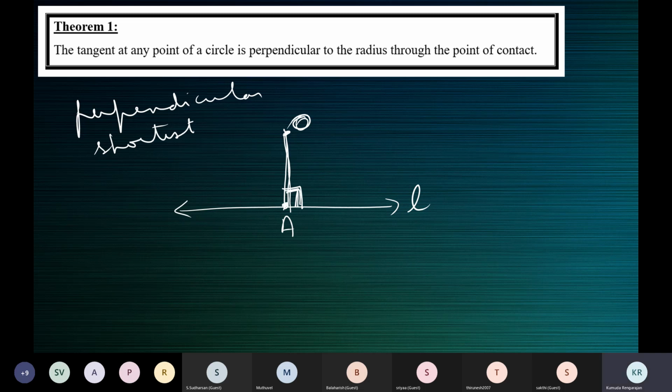If OA is perpendicular to L, that means OA is the shortest route between O and L. If I say that OA is the shortest route between O and L, then that means it's a perpendicular distance. If it's given as a perpendicular, it is the shortest route. If it is the shortest route, then it's perpendicular.